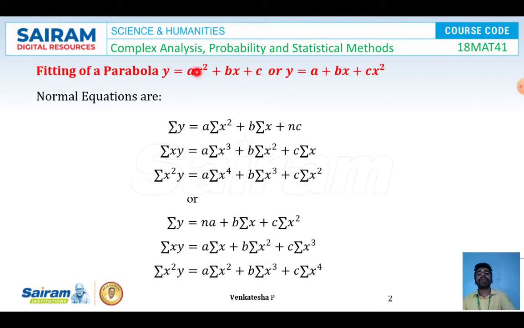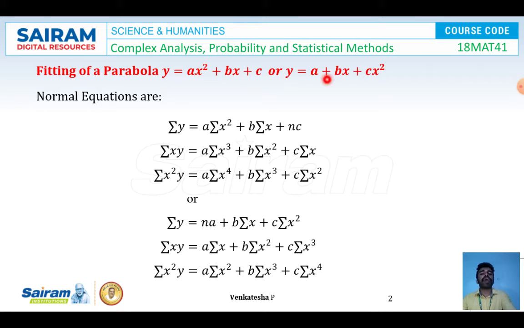Now multiplying by x for this equation, I will get Σxy = aΣx³ + bΣx² + cΣx. Now multiplying by x² and applying summation, I got Σx²y = aΣx⁴ + bΣx³ + cΣx².